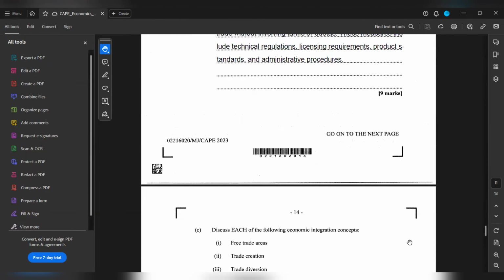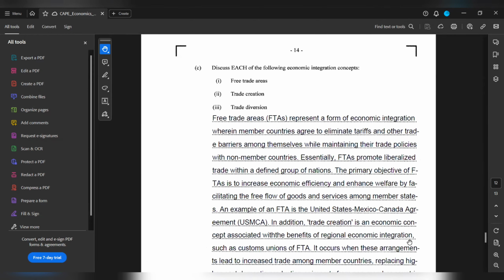C. Discuss each of the foreign economic integration concepts. We have the free trade areas, trade creation, and trade diversion. Free trade areas, FTAs, represent a form of economic integration wherein member countries agree to eliminate tariffs and other trade barriers among themselves while maintaining their trade policies with non-member countries.